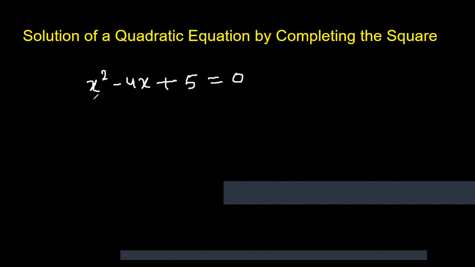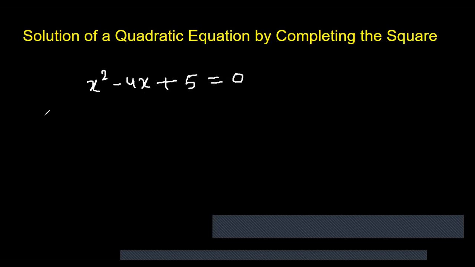If you compare these terms with a plus b whole square or a minus b whole square, you see that the middle term is minus 4x, so we can make it a minus b whole square. To show that clearly, we take x squared, and the 4x can be written as half of 4, which is minus 2x minus 2x.